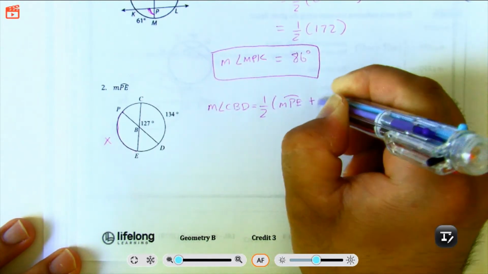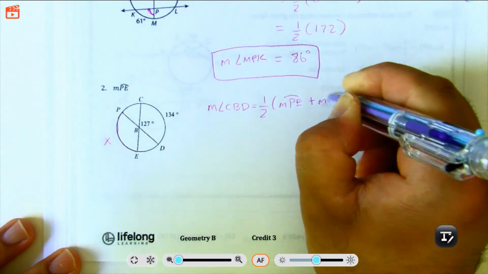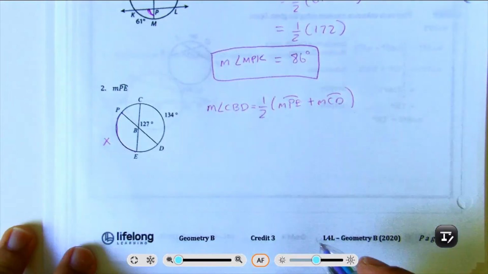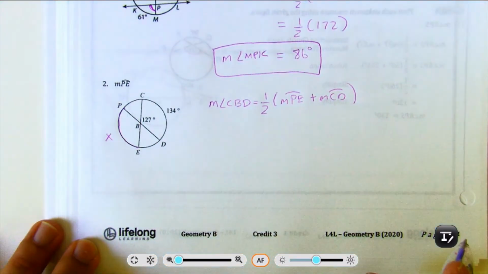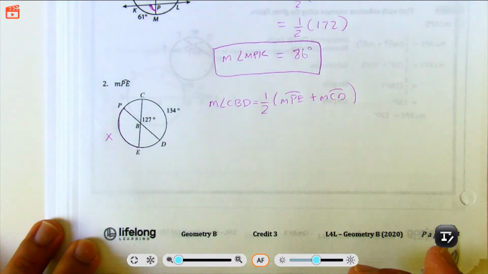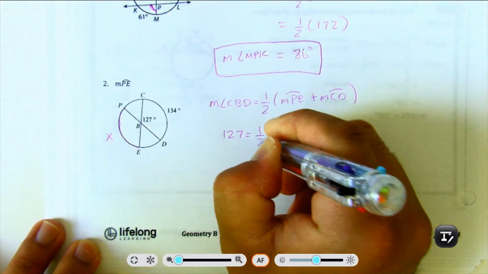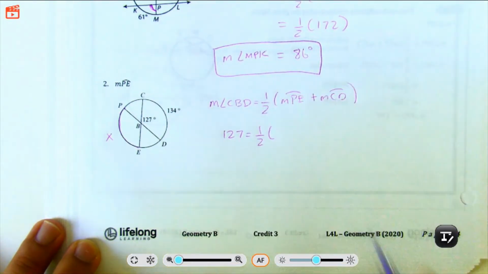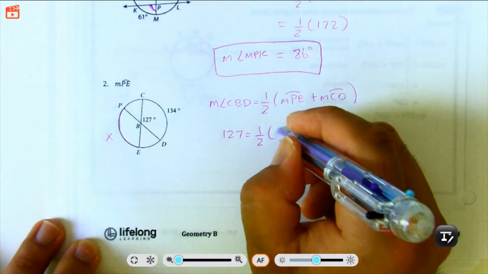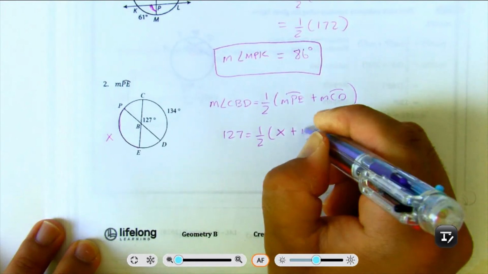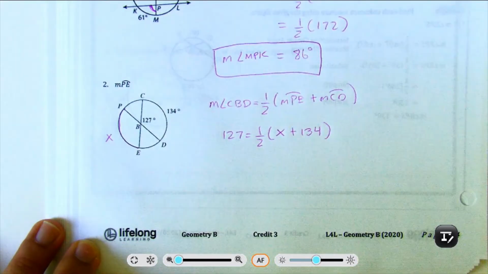Then substituting the values that we know, the measurement of angle CBD is 127. And then we have half. I'm calling arc PE X, so that's x plus 134. Close the parenthesis. And again, to get rid of the fraction, we need to multiply both sides by the reciprocal.